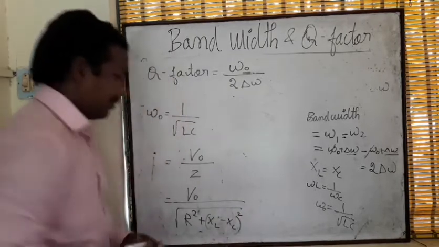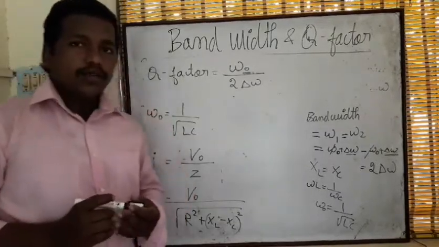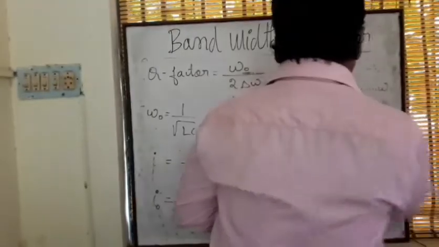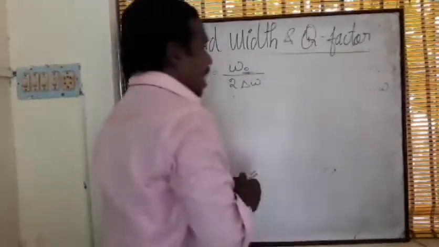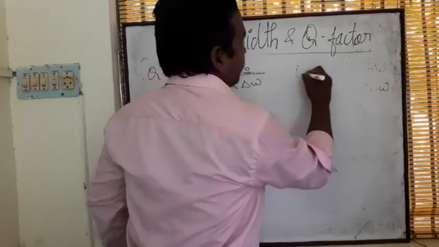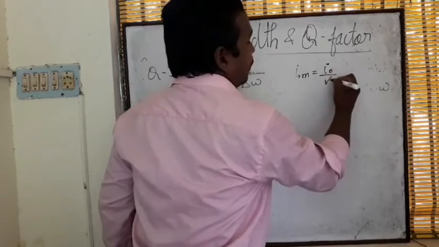So I naught is equal to V naught by R. So in the LCR circuit, R is this much. Okay, again, we are going with the root mean square value. The root mean square value is equal to I naught divided by root 2.